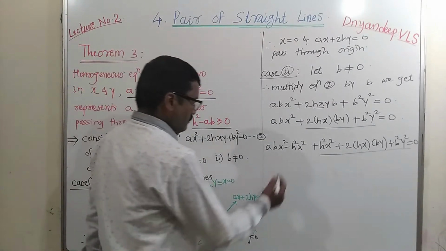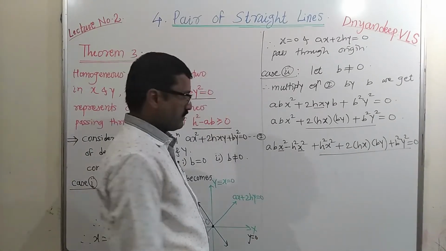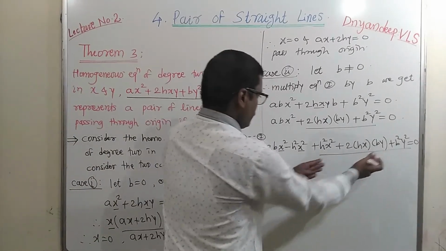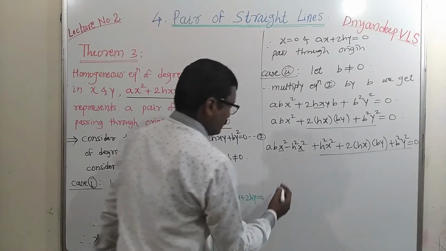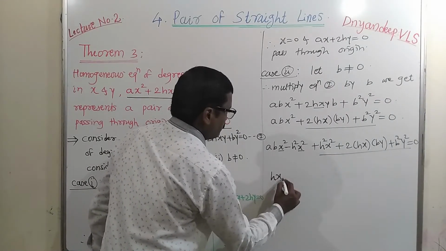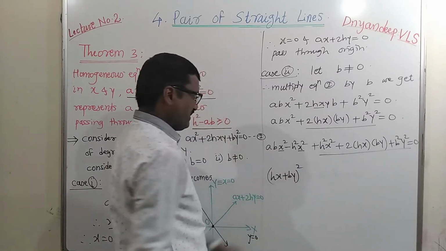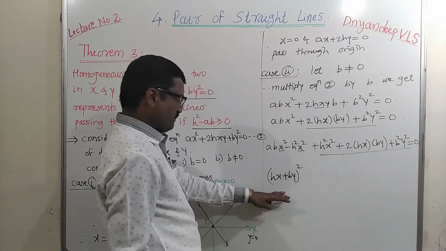Now from these two again, we can take common x square. And we will write first this square and after the remaining term. So from this we get hx plus by bracket square. Is it okay? This is nothing but hx plus by bracket square.